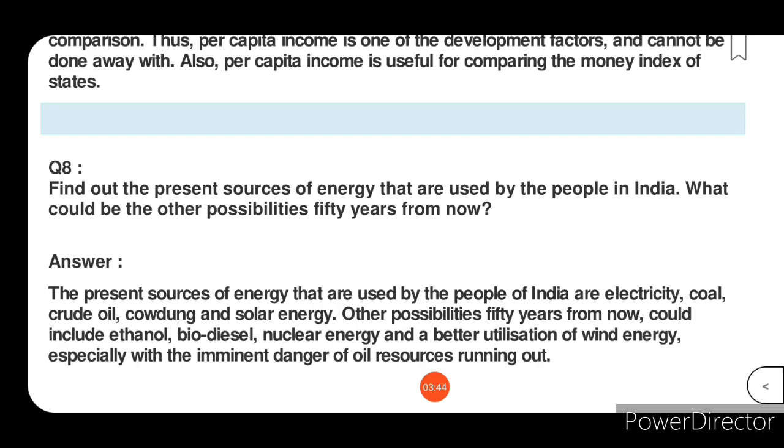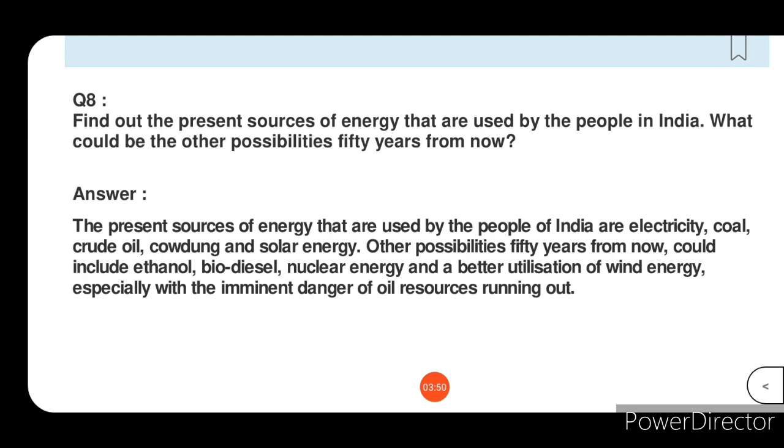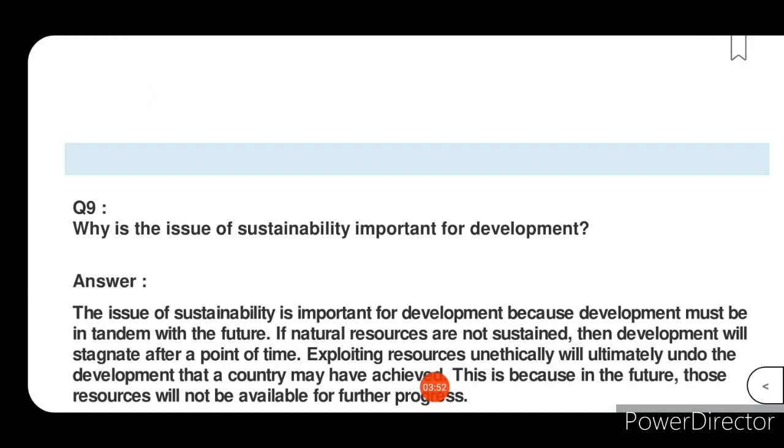Question 9. Why is the issue of sustainability important for development? Answer is the issue of sustainability is important for development because development must be in tandem with the future.